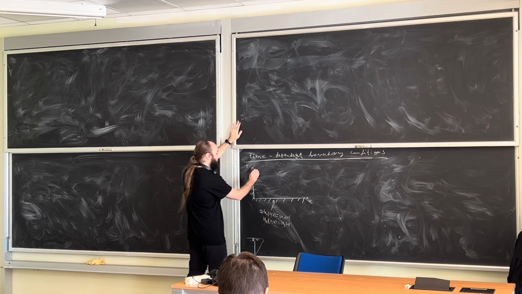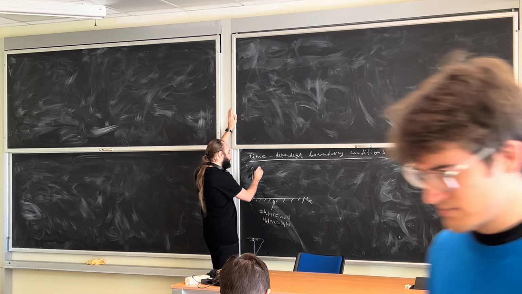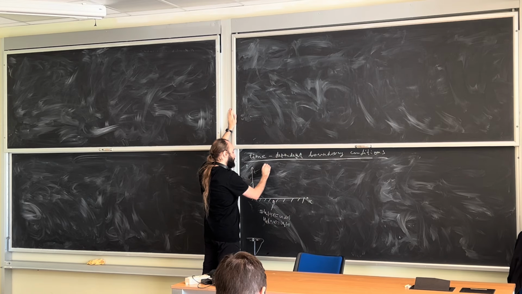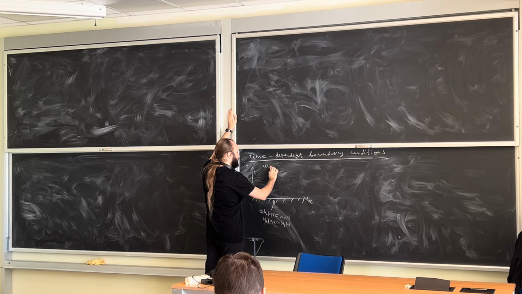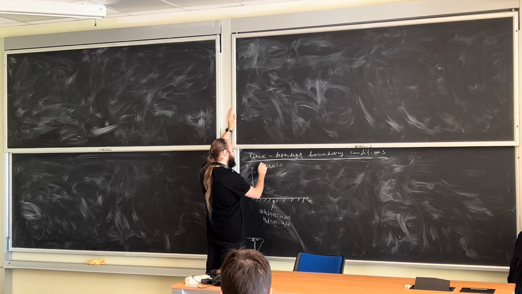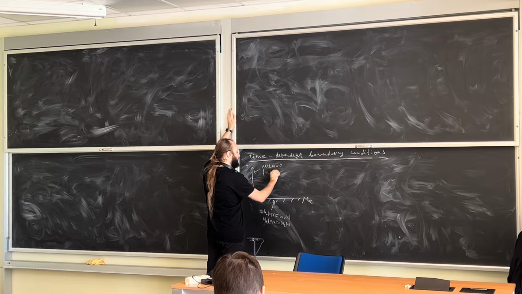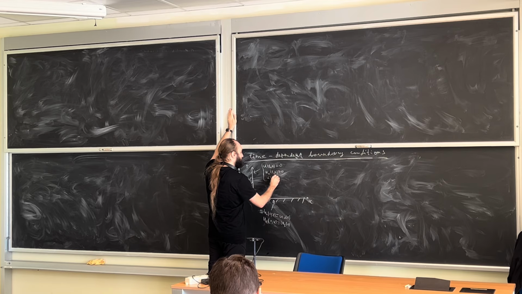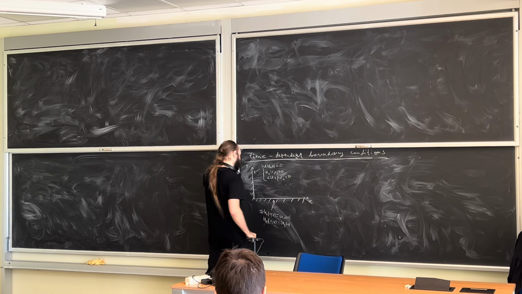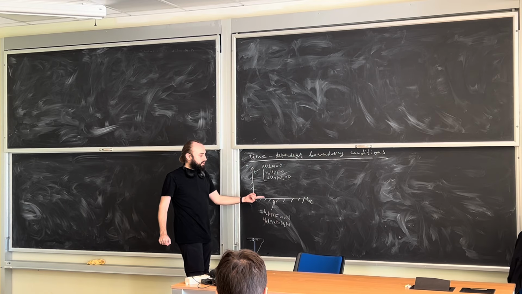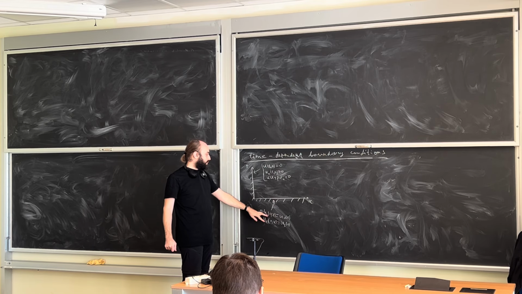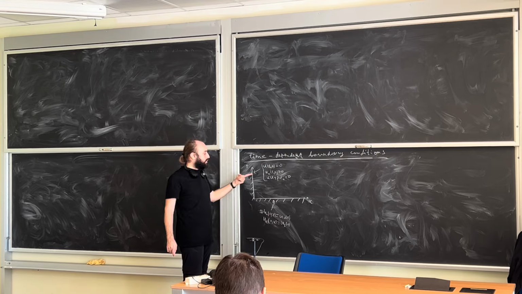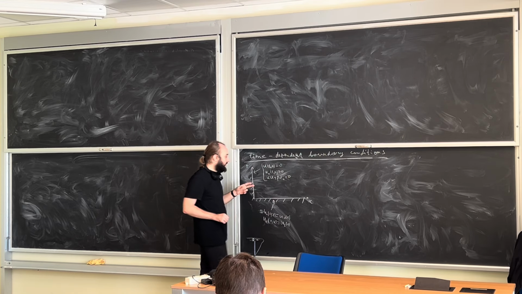And here we had either u of t and 0 was 0, or u_x of t and 0 was 0, or some combination of them was 0. So it's a bit non-symmetric, because here we had arbitrary functions, and here we are restricted by these conditions.